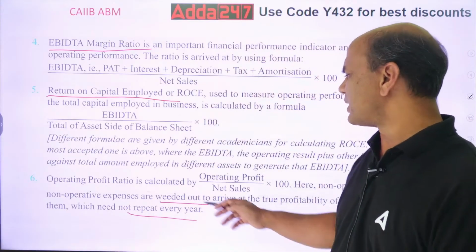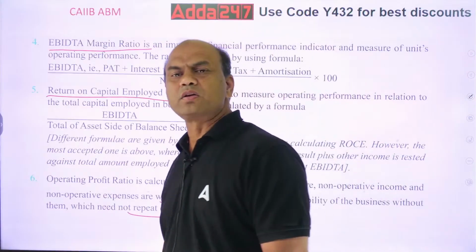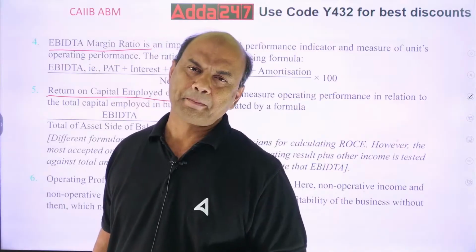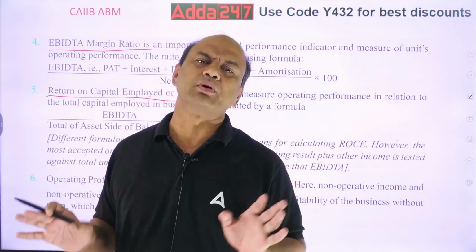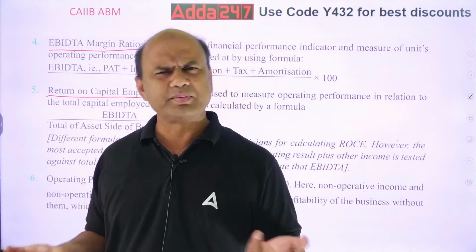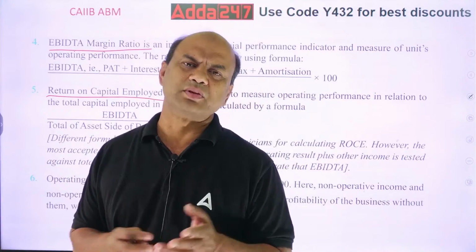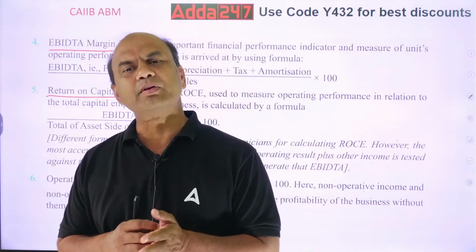So what is non-operating expenses and what is non-operating income? These are also called capital income and capital expenses. Now what is capital income? Non-operating means not regular business; operating means regular business, which I am doing on a daily basis. So suppose I sell my furniture.